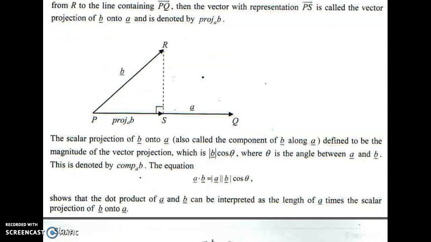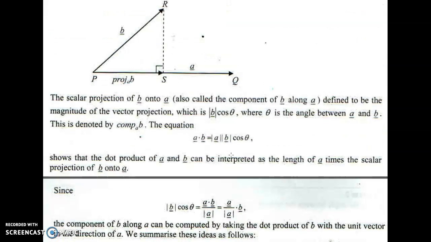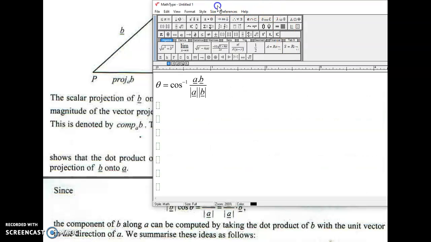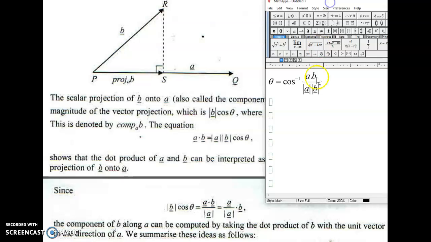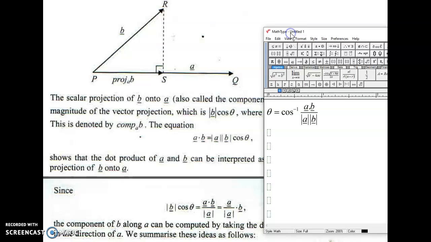Okay, now to do that we are going to use the formula that we are familiar with, right? We have used it before, which is this formula. This is the formula that we have used before in looking for the angle by using the dot product, right? By using this formula we can also figure out the component of this projection, or in other words the length.